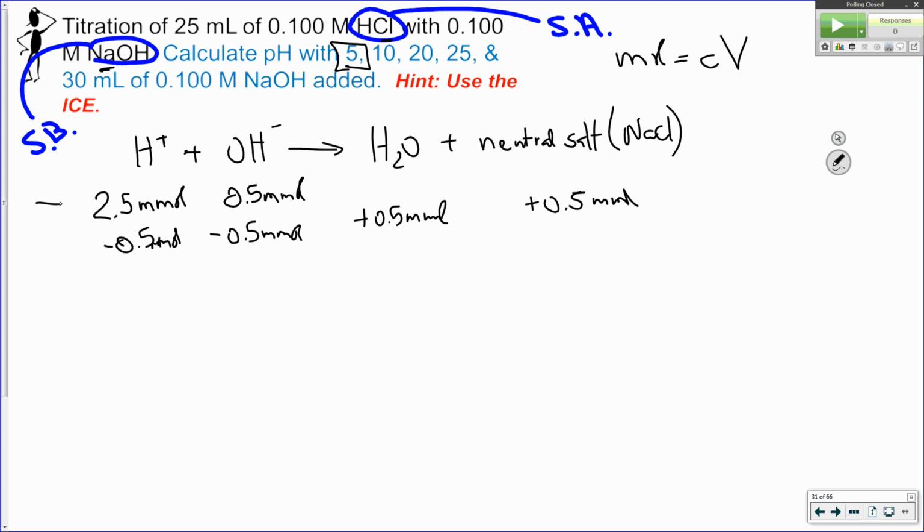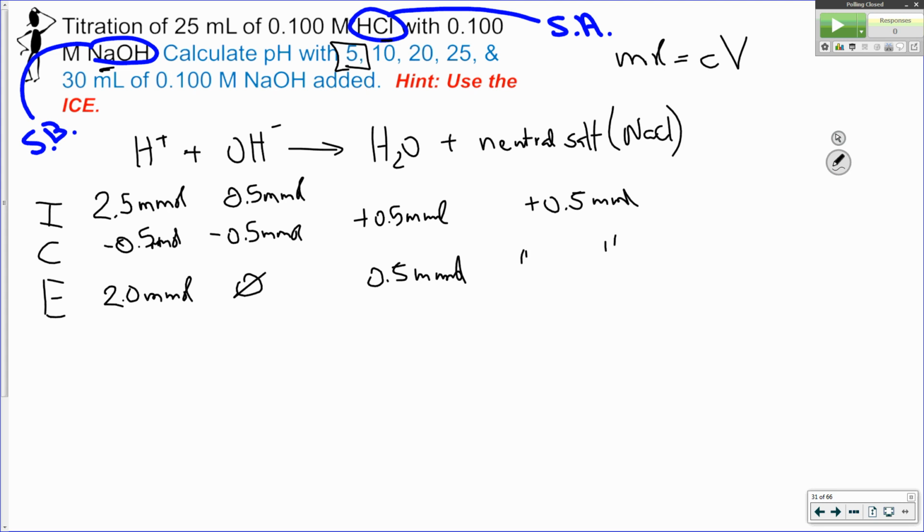So if we think of our ICE, initial, change, and what I have left at equilibrium, I've consumed all of the OH-. There's none left. It's gone. I've got 2 millimoles of the H+ left. I've made half a millimole each of water and salt.